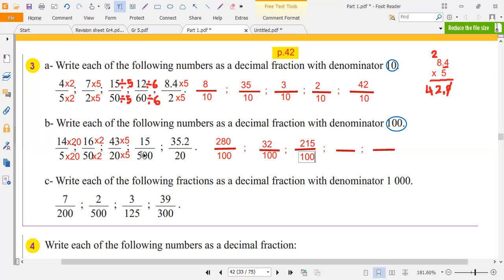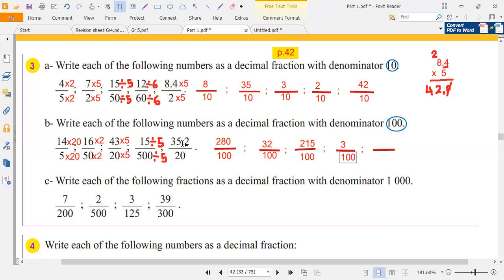Now we have 15 over 500. How to make 500 into 100? We have to divide by 5. 15 divided by 5, 3. 500 divided by 5, 100.